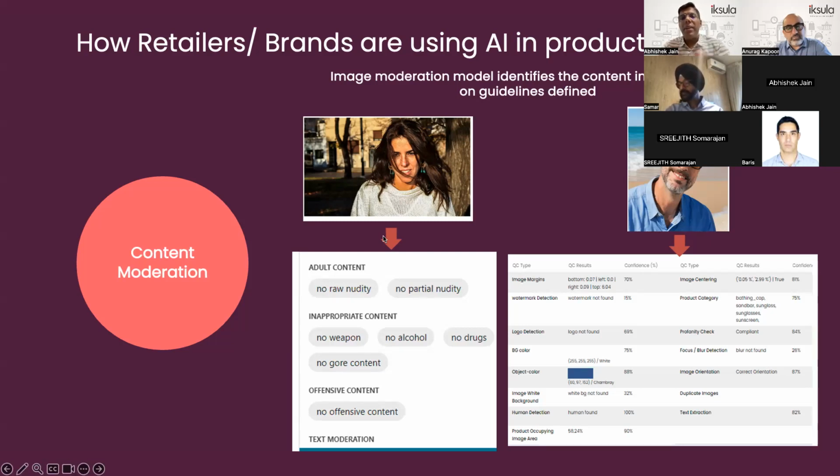For example, identifying whether the content has any inappropriate words, whether the content is rightly placed, whether the content is in alignment with the images, whether the content is in alignment with their features, etc. So we have implemented those kinds of content moderation use cases for very large retailers globally.